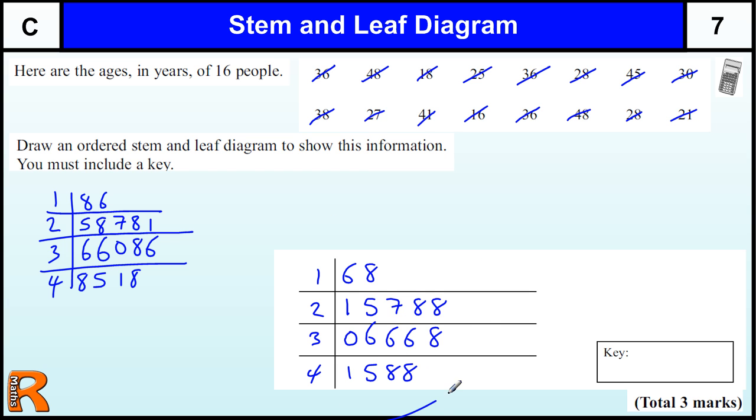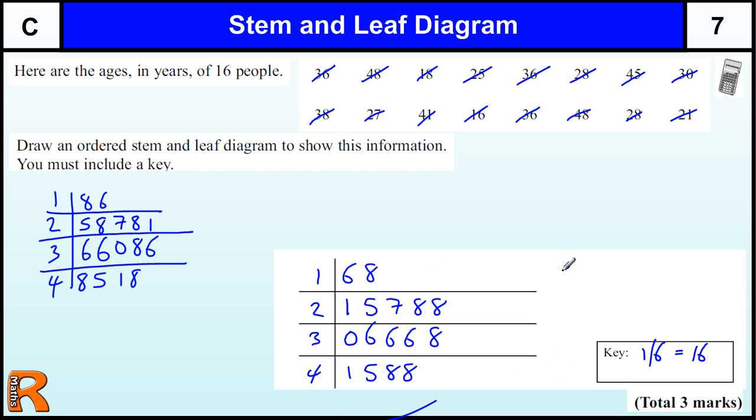Okay, so that's 2 marks for that, 1 mark for the key. I usually just pick the first thing that's written on here, so 1 | 6 equals, in this case, 16. That could be like 1.6 or 0.16, but in this case it's just a nice simple 16.